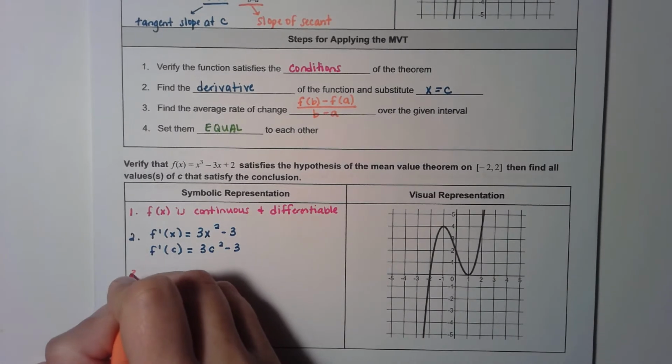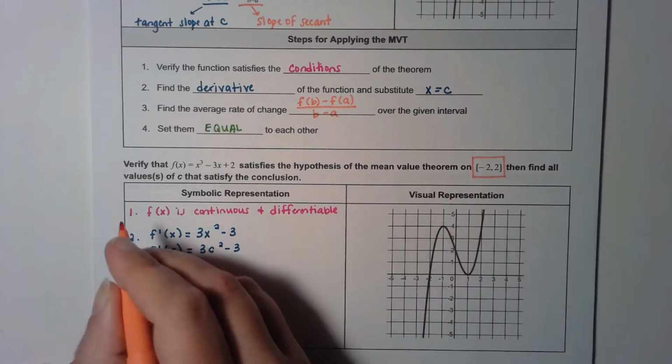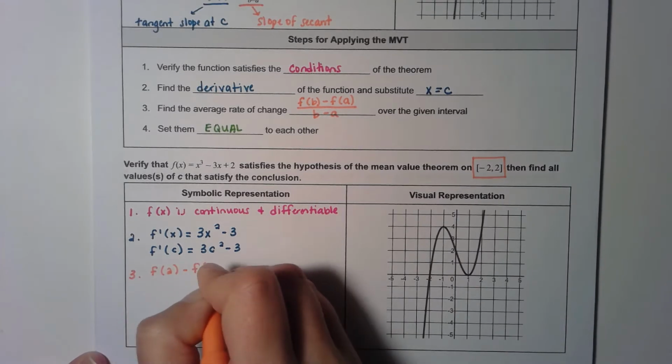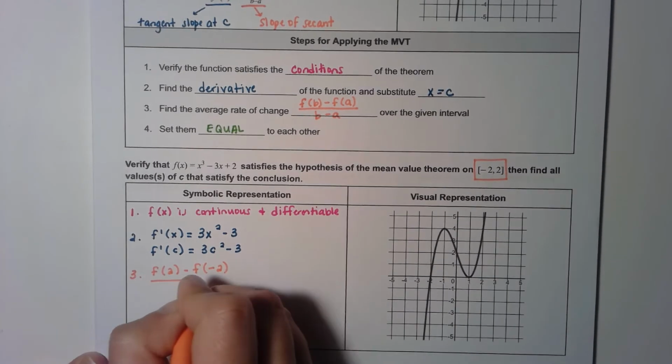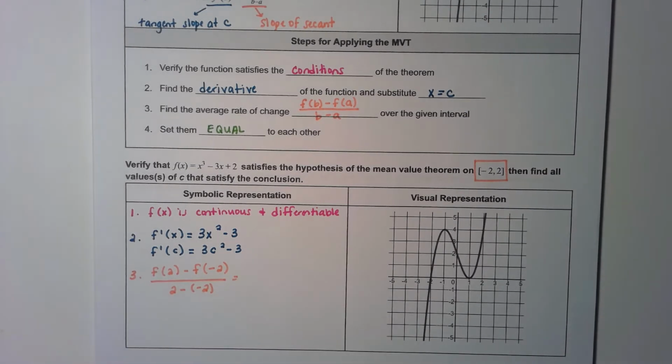Step number 3 is going to be to find the average rate of change on this interval. So in other words, we want to do f(2) minus f(-2) all over 2 minus negative 2. Now remember, we're doing f of 2, so not f prime.